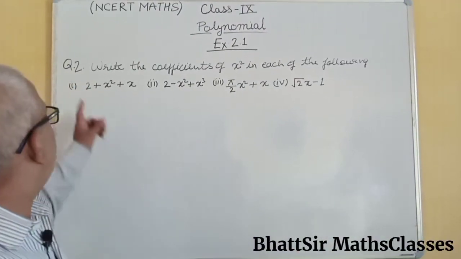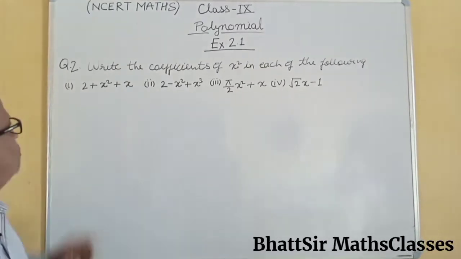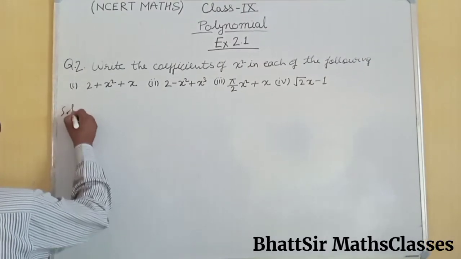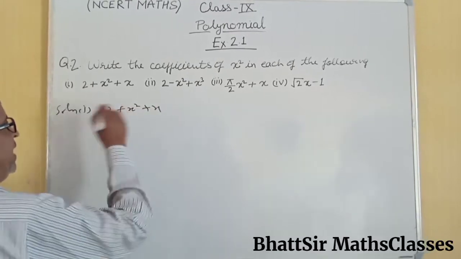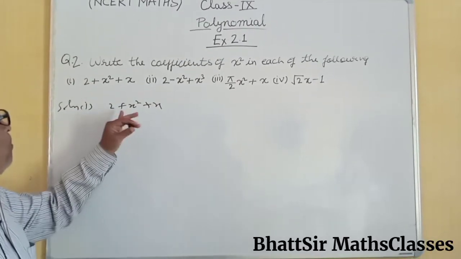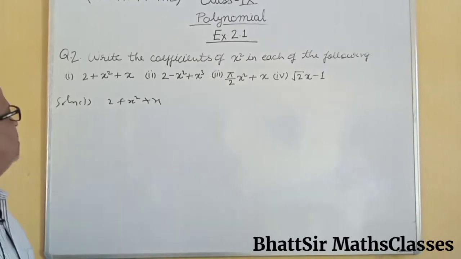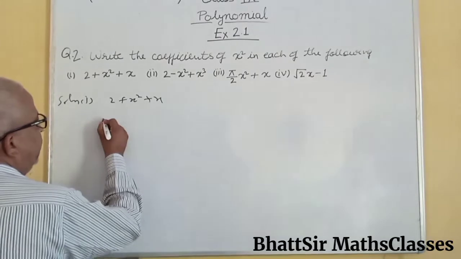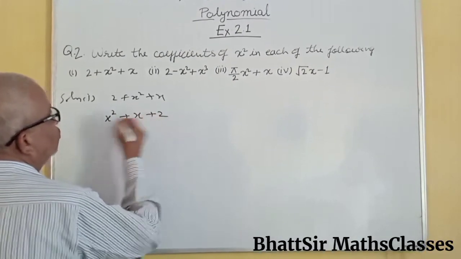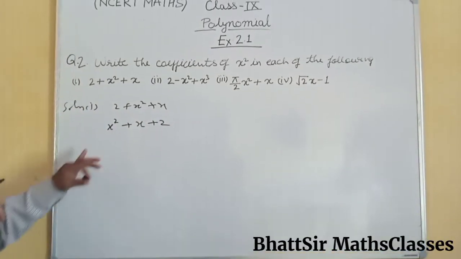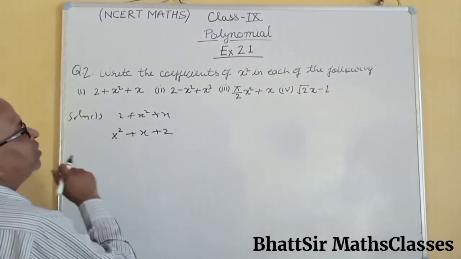Now I am attending question number 2 of exercise 2.1, chapter polynomials. So I am giving a solution of part one: 2 plus x square plus x. First of all, a polynomial should be arranged in standard form. It means x square plus x plus 2. I want to calculate the coefficient of x square in this polynomial.